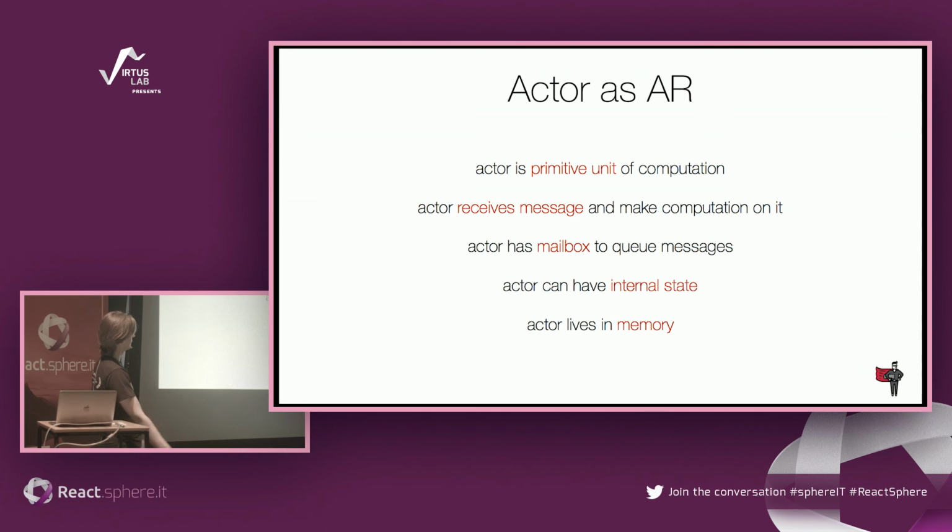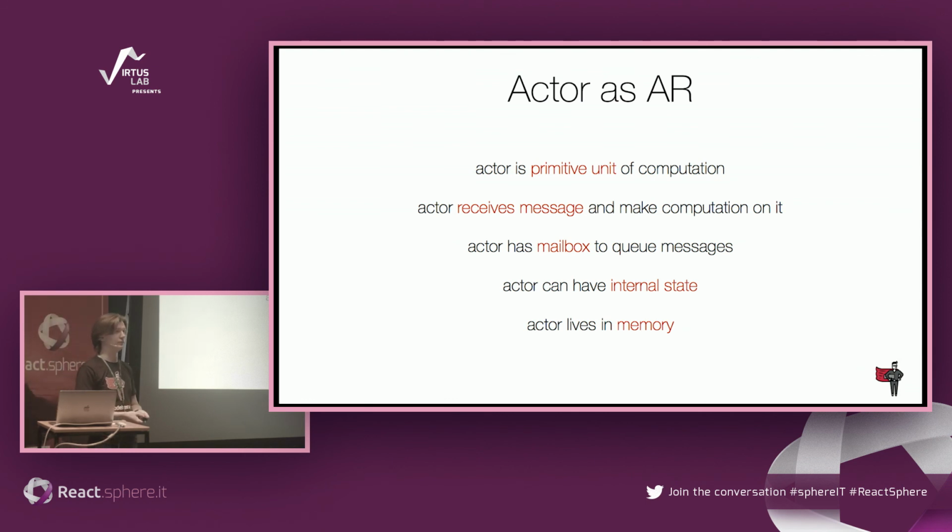So here the actor comes, and what is an actor? Just a quick recap, it is a primitive unit of computation, and an actor receives messages and makes computation on them. So here we are making a computation. Here it will be just generating the new events. An actor has a mailbox, so we have the queue of the new commands which we are handling, and the actor is responsible for processing only one command at a single point in time, and all the other commands are waiting in the queue in the mailbox.